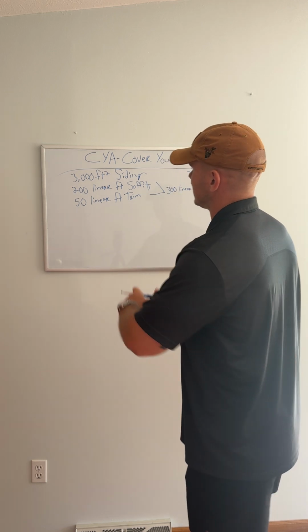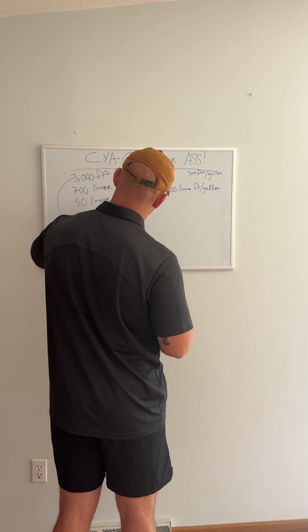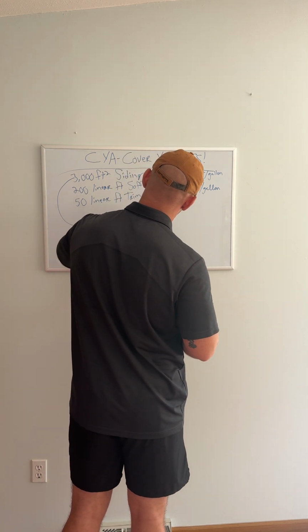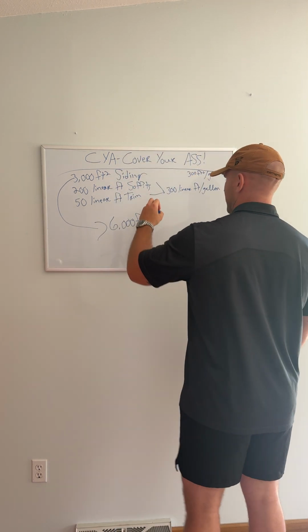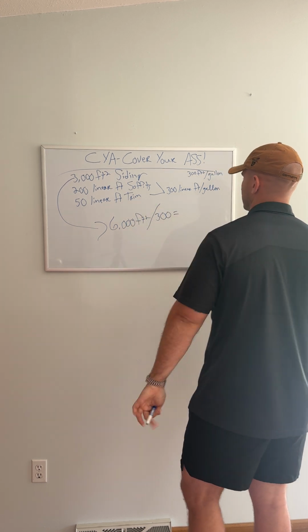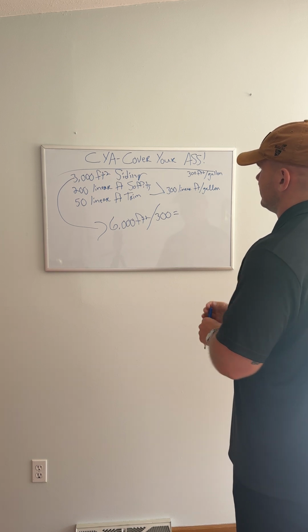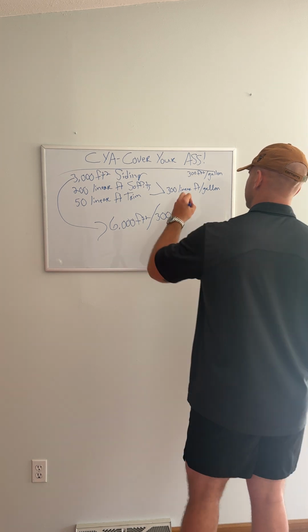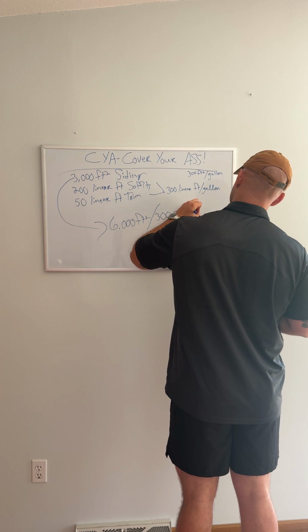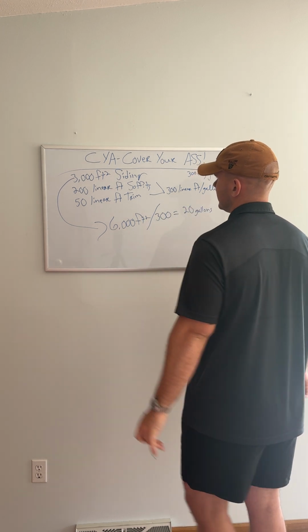So in this example here, say we're gonna do 2 coats. So that means we need to cover 6,000 square feet of siding. So 6,000 divided by 300 is what? Be 20. So you got 20 gallons for siding, right?